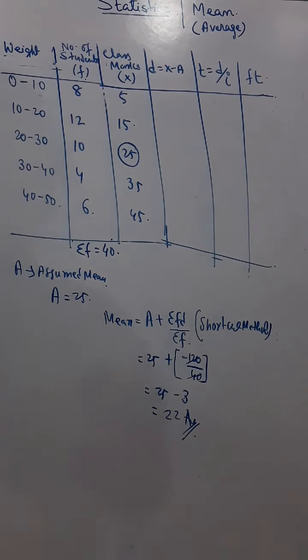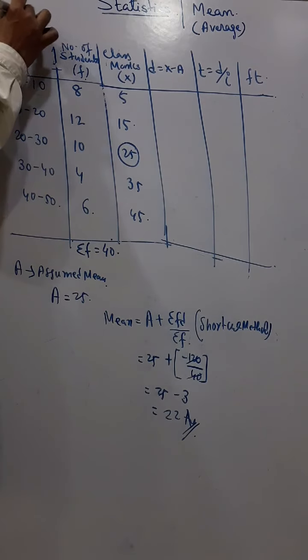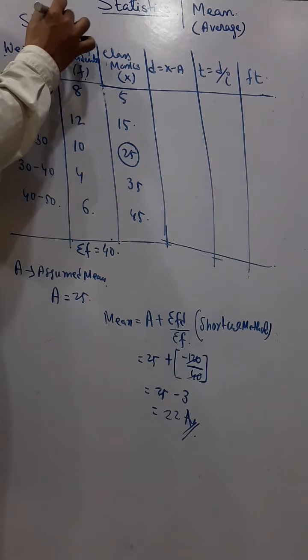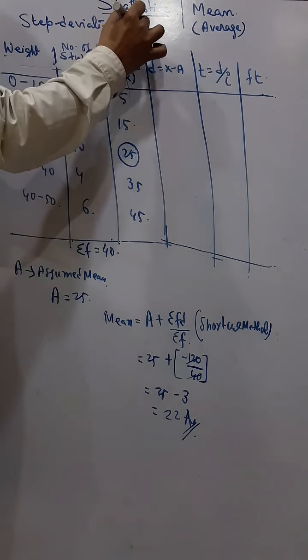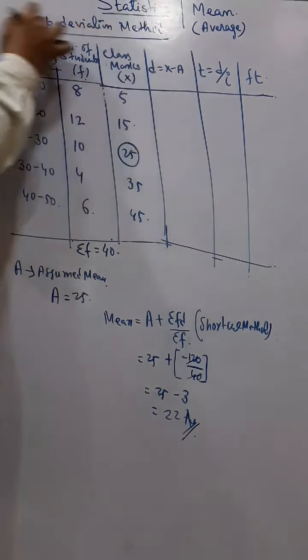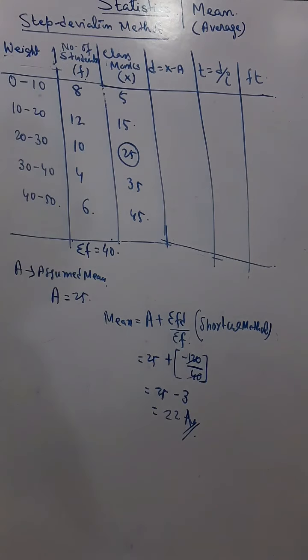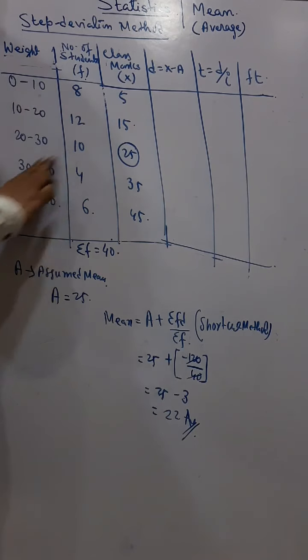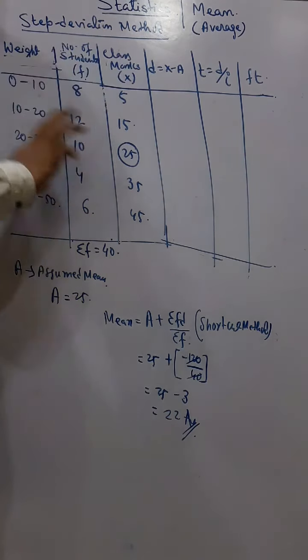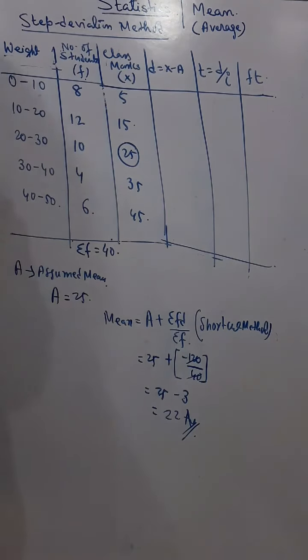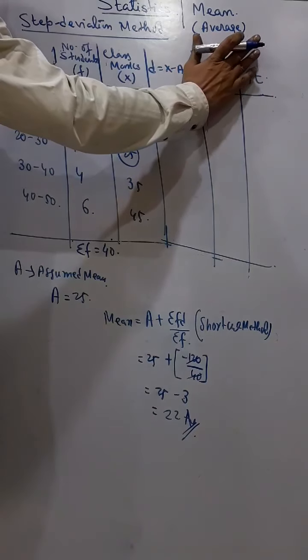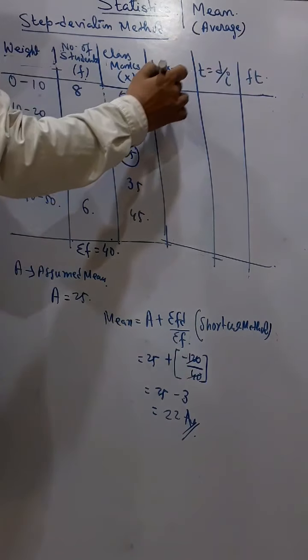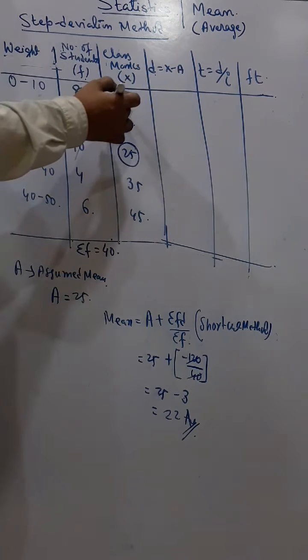Okay, now we'll do the third method, that's the step deviation method. Now in the step deviation method, the first thing is that these two will be given. Here also you have to find the class marks as usual. Here also, just like shortcut, you have to find the value of D. Let us do it again.